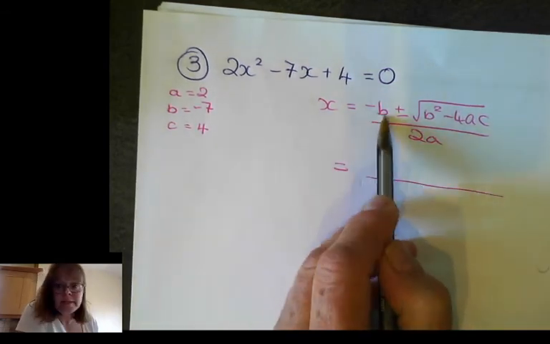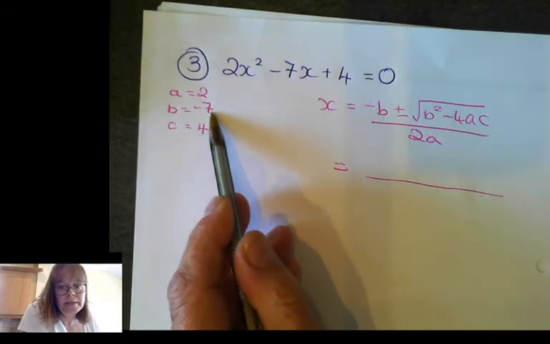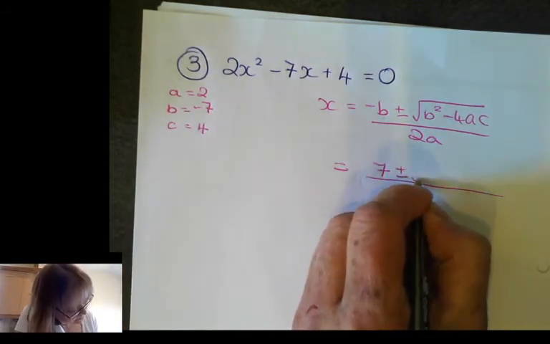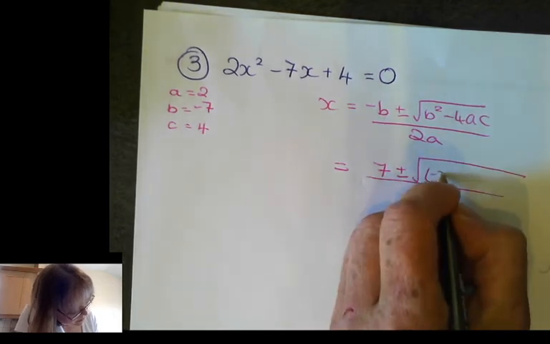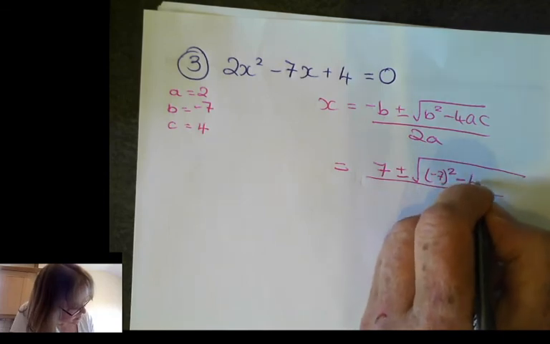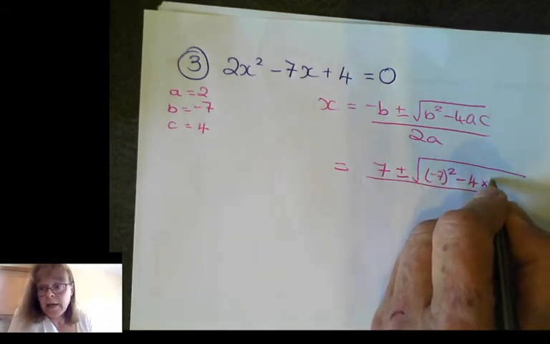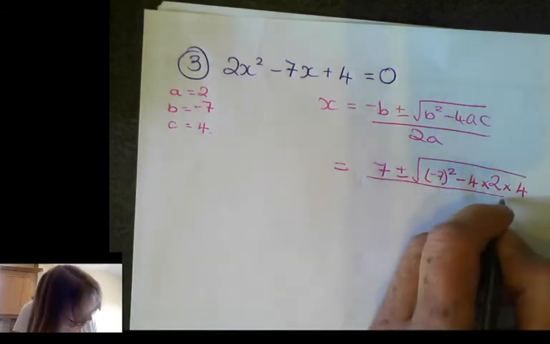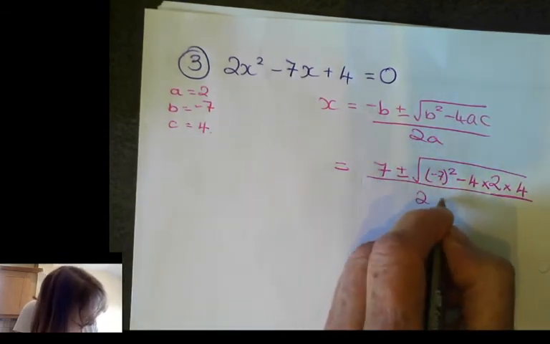So this says minus B, so minus 7. Minus makes positive 7. I'm going to put my minus sign in brackets just in case I try and put it in my calculator. A is 2 and C is positive 4 this time, and on the bottom 2 times 2.